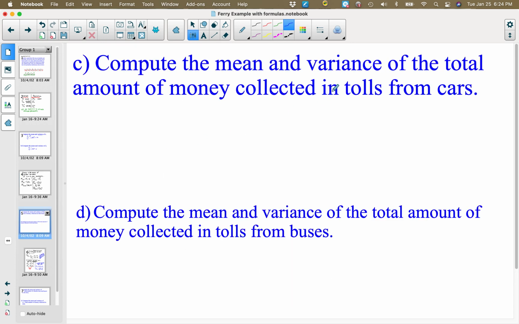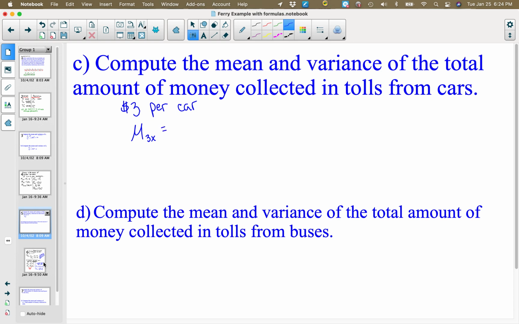All right, so compute the mean and variance of the total amount of money collected in tolls from cars. Now, if you look back at the problem, we're going to collect $3 per car. So we want to know, what is mu sub 3x?